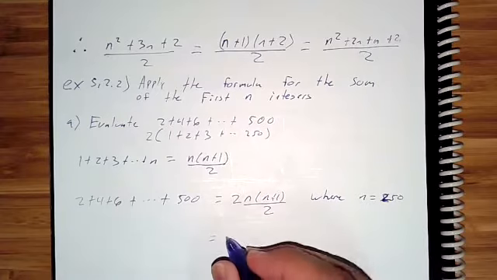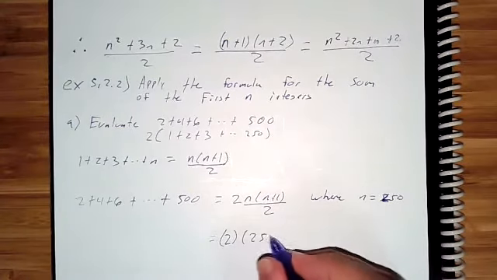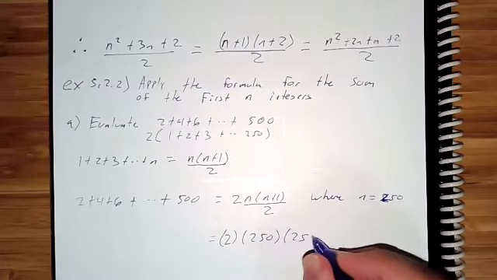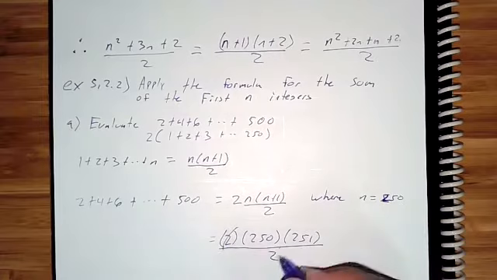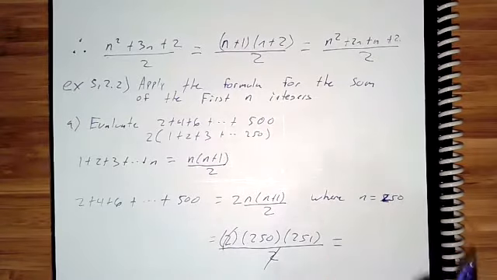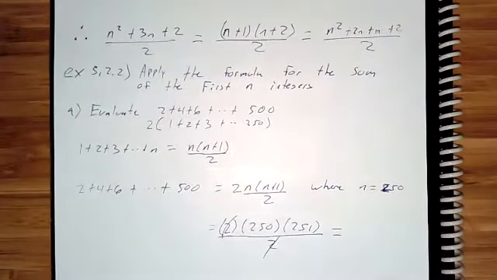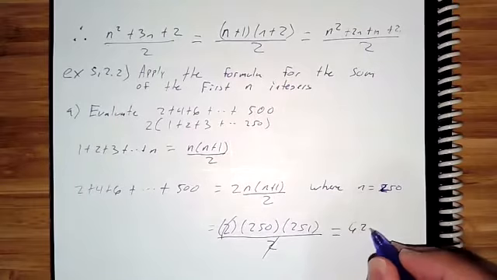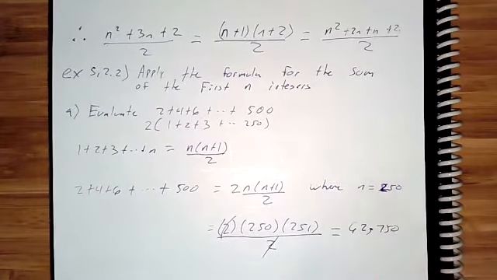So that'll be 2 times 250 times 251 over 2. So this will calculate the sum. So the sum from 2 plus 4 plus 6 all the way to 500 is actually equal to 62,750 by applying the sum formula.